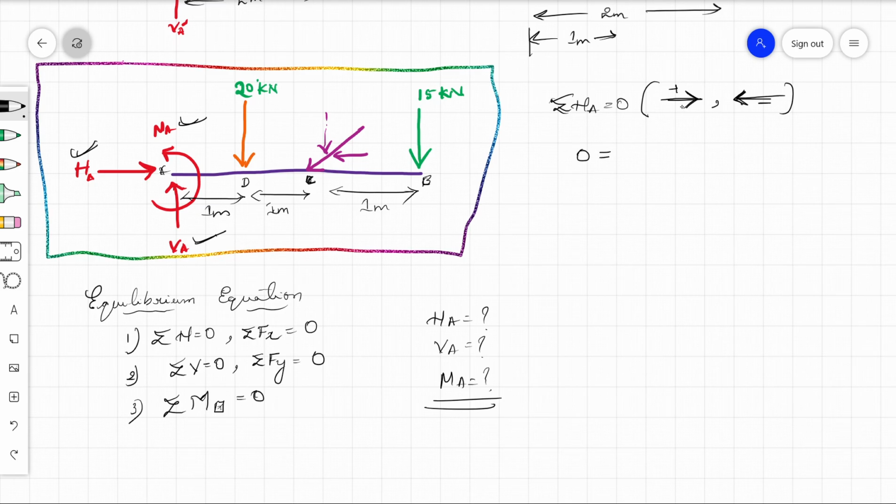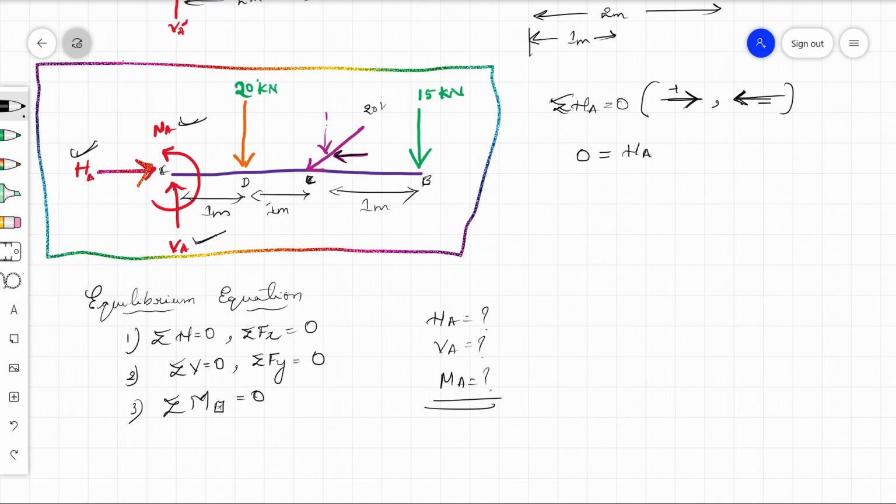I need to add all the forces now. What all the forces are there in horizontal over here? One is this HA. This HA is horizontal. I'll take that as positive itself. And what is the other force going in that same direction? That is this part, right? This is the x component.